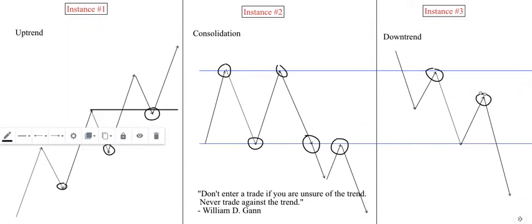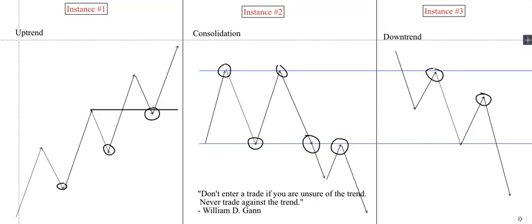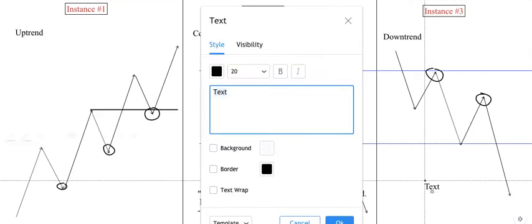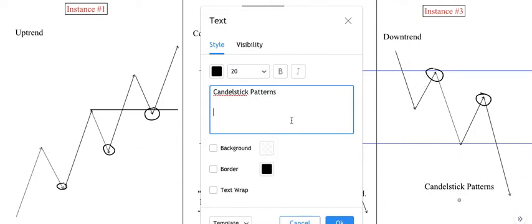Now again, I want to emphasize the fact that you don't only want to be following market structure and entering sells and buys. You want to look for different confluences as well. Some confluences you can look for is, say, candlestick patterns. Excuse my spelling. And then you can also look for, say, support, resistance.